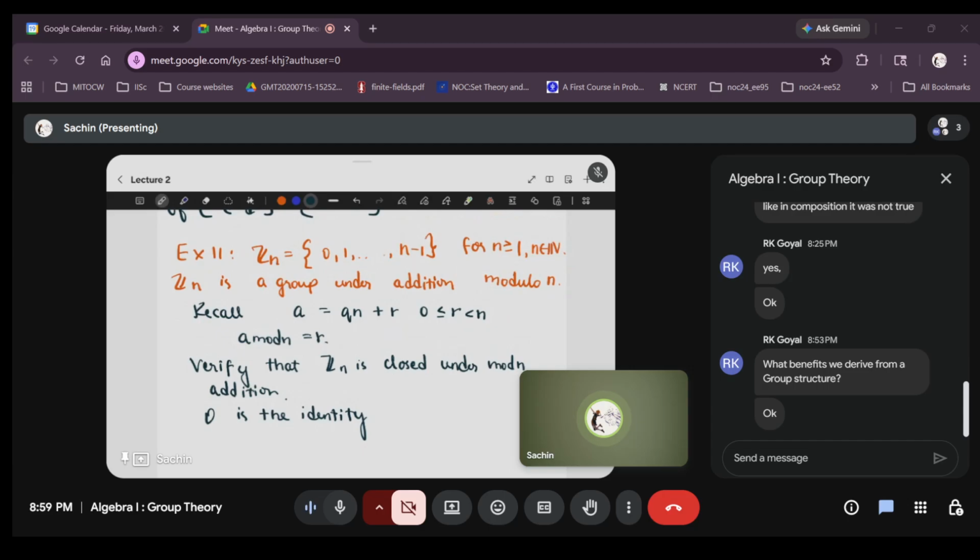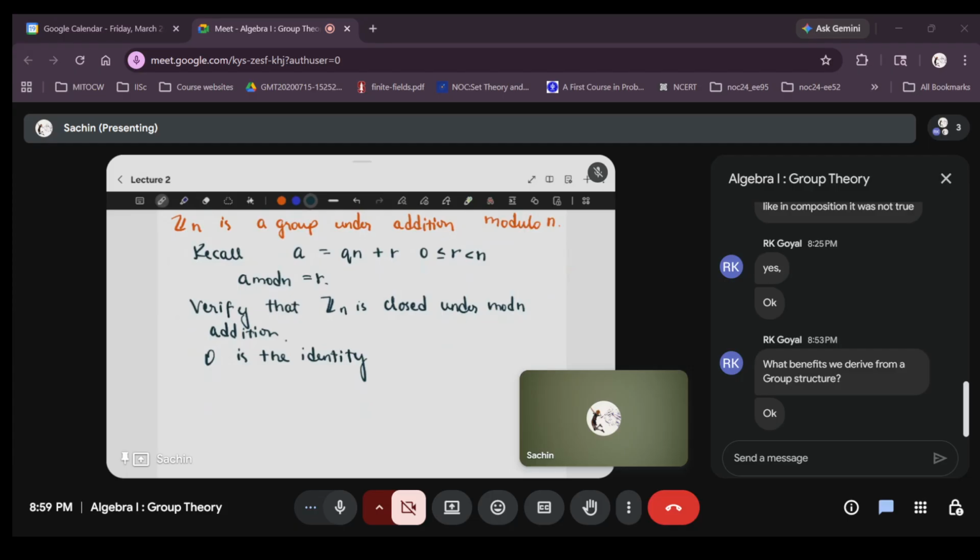I am actually just literally talking about the integers 0, 1 up to n minus 1. 0 is the identity, and the inverse of j is n minus j. And this group is called the group of integers modulo n.